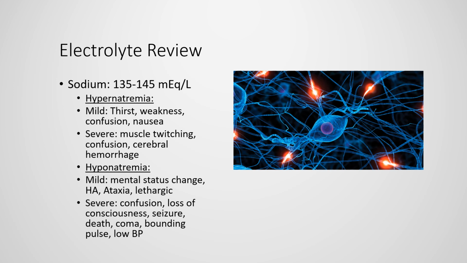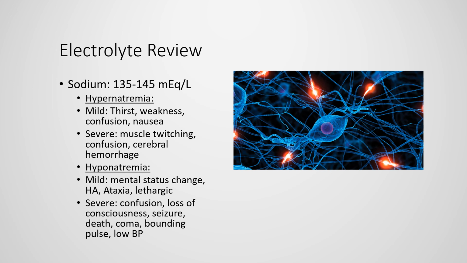So severe hypernatremia: muscle twitching, right? Those action potentials aren't working as well anymore because the sodium is just too high. Confusion, so mental status changes. Cerebral hemorrhage. So think of you have very salty blood, and that's going to pull some fluid out of the interstitial and the intracellular.